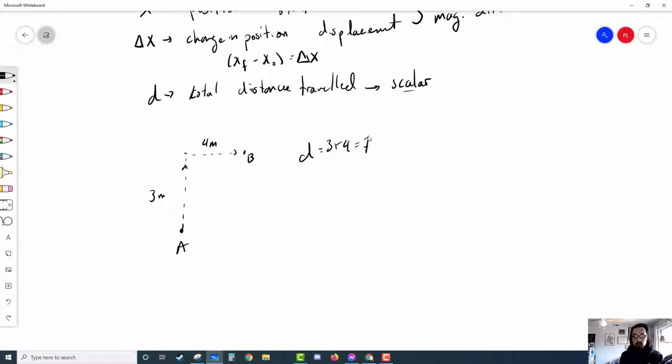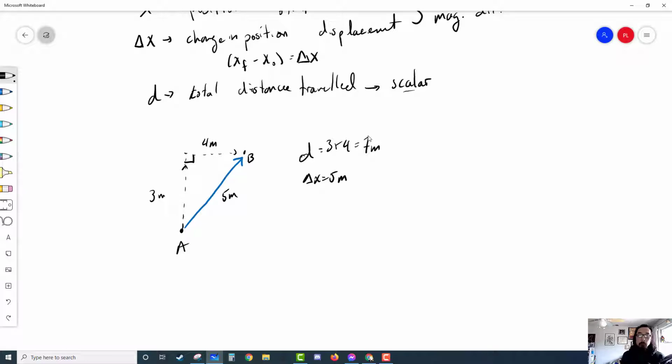So that gives us a total of 7 meters. But if we were to find the displacement, remember the displacement is the shortest distance between the 2 points. So for this distance right there, we would have to use the Pythagorean theorem, a squared plus b squared equals c squared, and in this case, c would be 5 meters. So your displacement would be 5 meters. Oftentimes, not always, but the displacement is usually shorter than the distance, as you can see here.